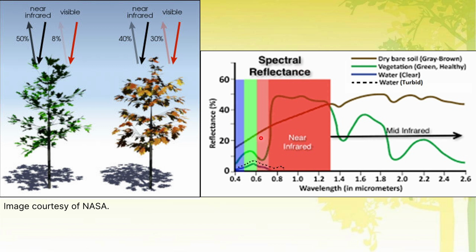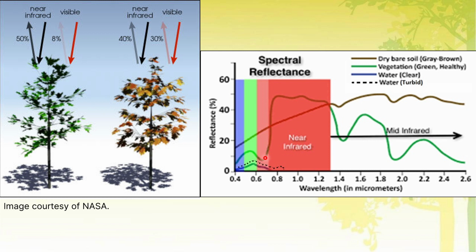So if we see this reflectance of green light, you can see the difference between this NIR and red is maximum. That's why to measure the normalized difference vegetation index, we use these two bands, near infrared and red.